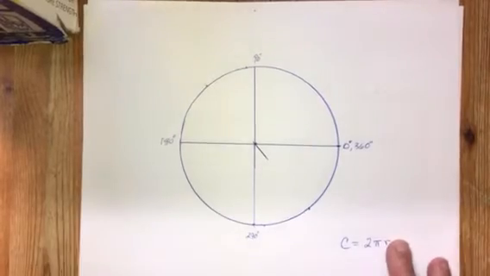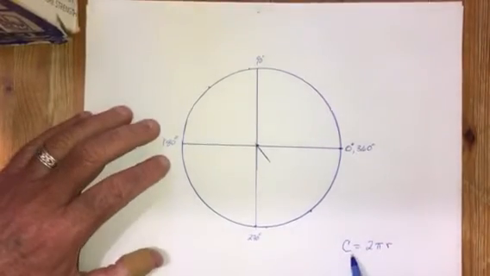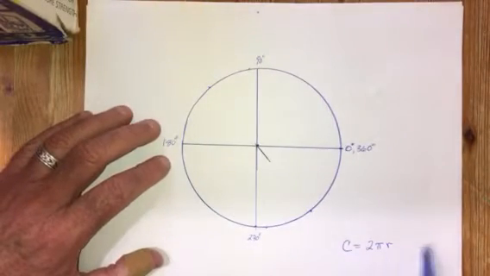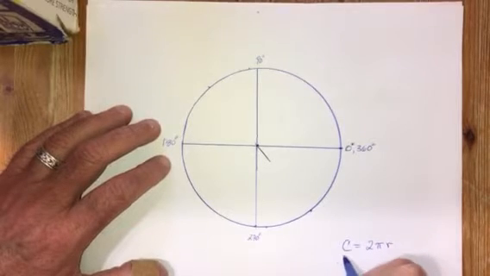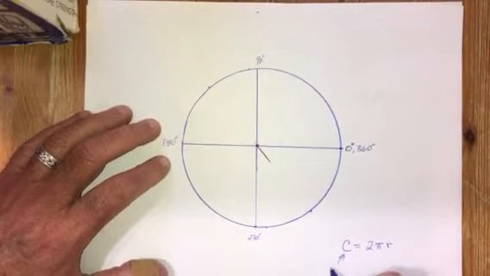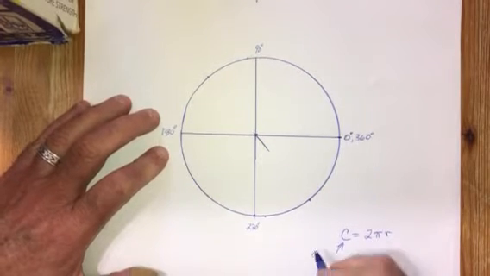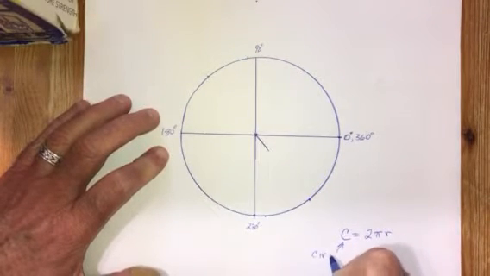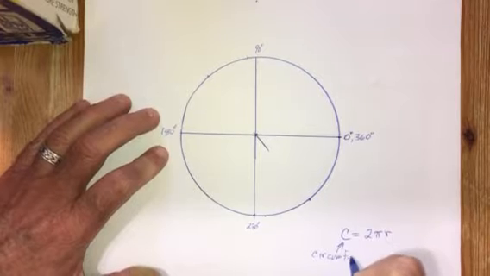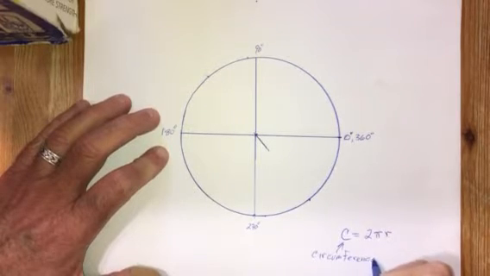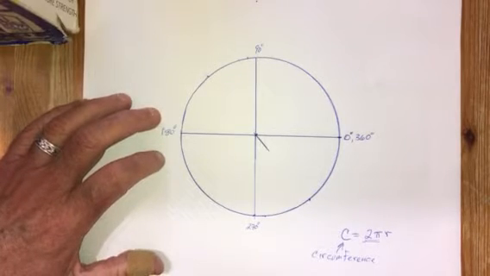Now here's the thing. We are familiar with the equation c equals 2 pi r, where c is the circumference of the circle. And what I'd like to focus on is this 2 pi part.